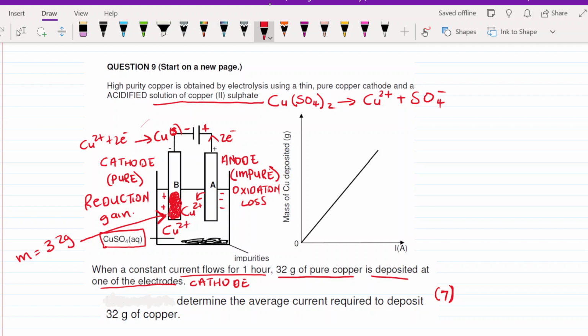So the question now is saying determine the average current required to deposit 32 grams of copper. So we want to know the average current that must flow. Remember, what is current by definition? Current is the rate of flow of charge. That is the definition of current.